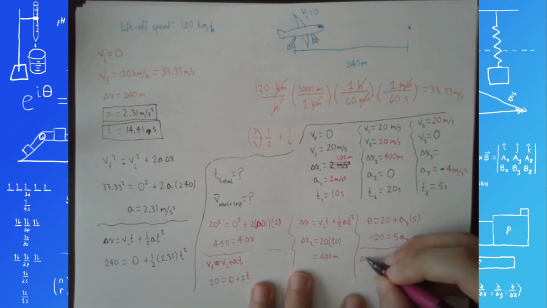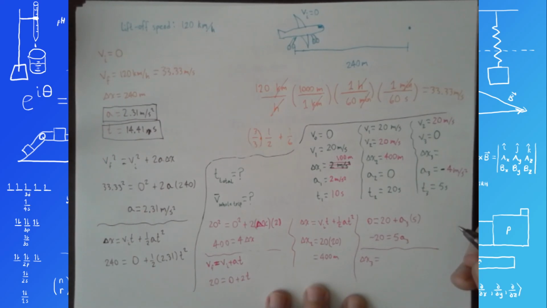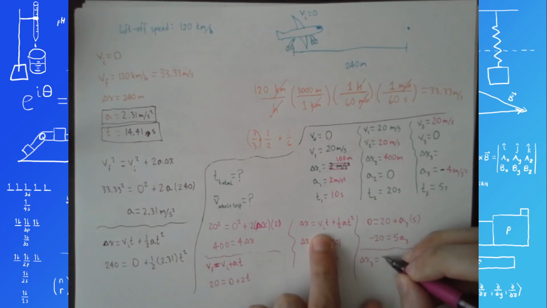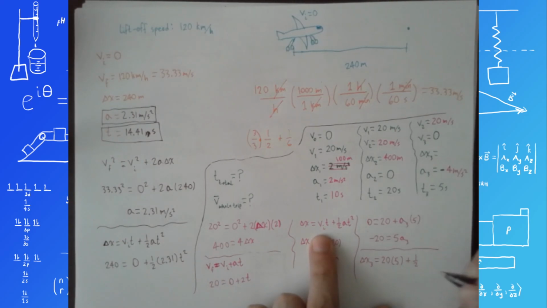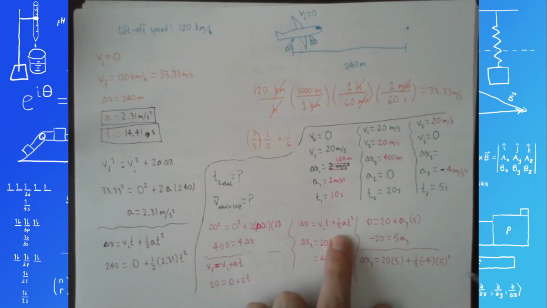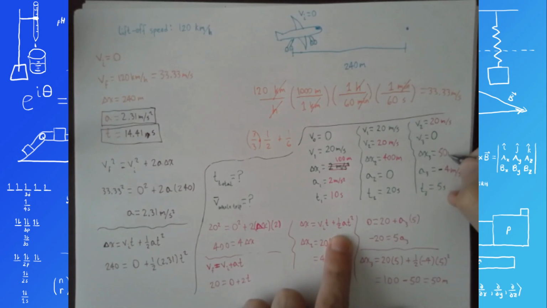So delta x3 equals v initial times t, so in this case v2 times t3, so 20 times 5, plus 1/2 the acceleration, so plus 1/2 of negative 4 times t squared times 5 squared. Okay, 20 times 5 is 100, and then 1/2 times -4 is -2, and 5 squared is 25. So -2 times 25 is -50, so 100 minus 50 equals 50 meters. So delta x3 is 50 meters.